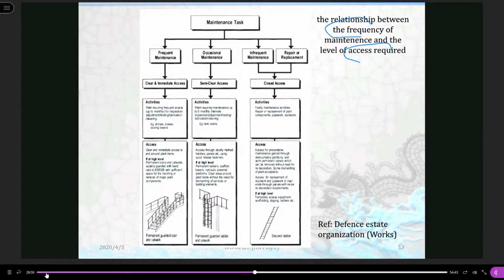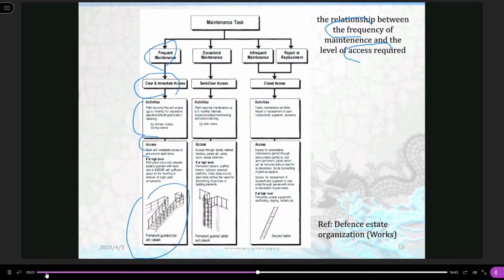what the difference is. Say the maintenance task is very frequent, which means clear and immediate access is required. And then we do have some examples of this kind of application, for the typical access, if not for high level, maybe something like this.